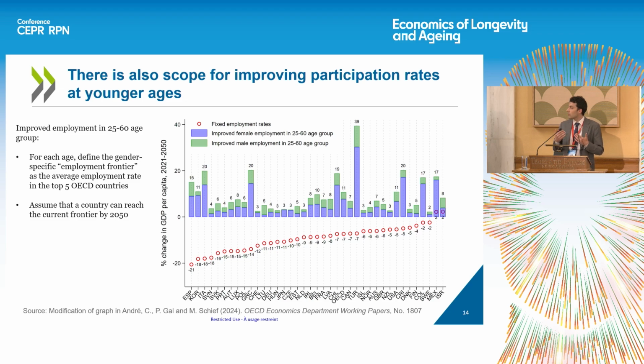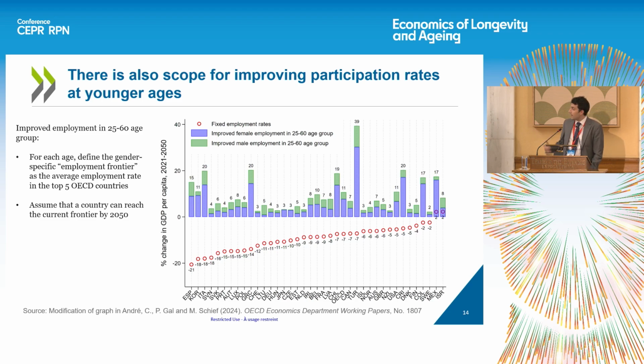And then we ask the question, by how much would GDP per capita grow if a given country could reach that frontier by 2050? Now note that because we constructed the employment frontier based on observed participation rates today, it's not such a strong assumption to assume that a country might be able to reach that frontier over the next 2 or 3 decades.